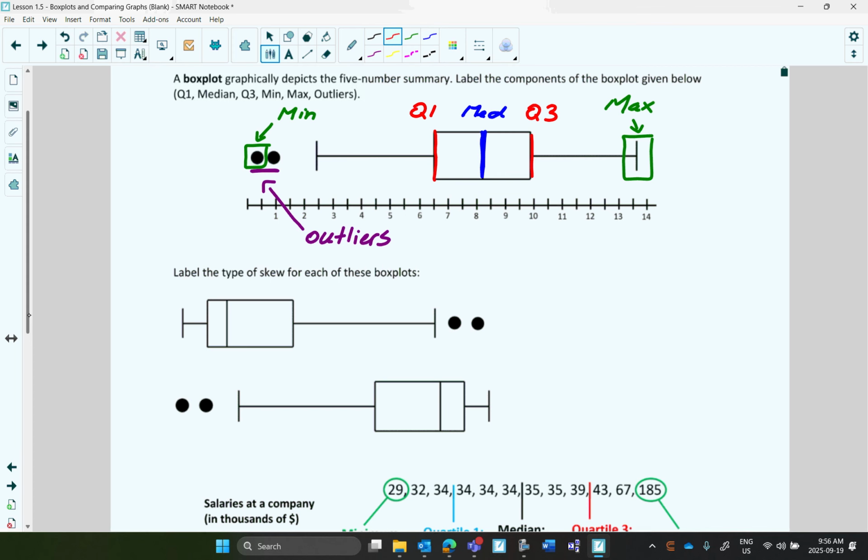So like the other quantitative graphs, histograms, dot plots, and stem plots, we can actually get information out of box plots. By looking at the graph itself, this one looks pretty symmetrical, right?